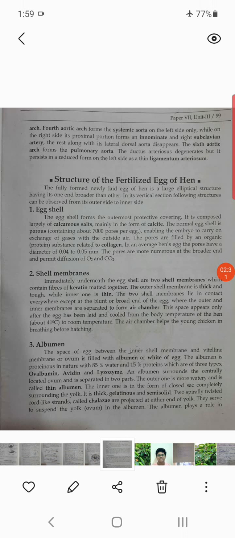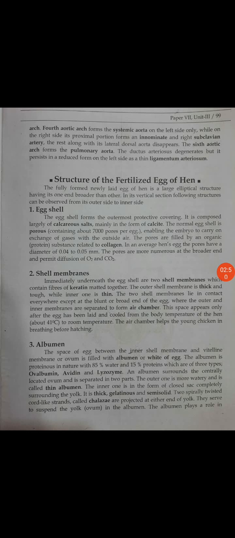Immediately underneath the eggshell are two shell membranes which contain fibers of keratin matted together. The outer membrane is thick and tough, while the inner one is thin. So thin membranes are there.